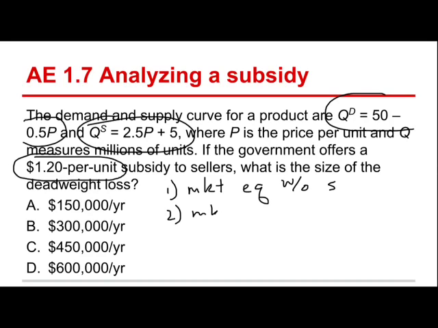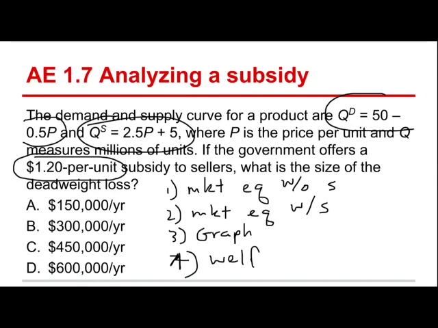Then we'll analyze the market equilibrium with a subsidy. Then we'll graph this problem. Then, that's a 4, believe it or not, we'll conduct our welfare analysis, which is just going to be to calculate deadweight loss in this case. Let's get started.